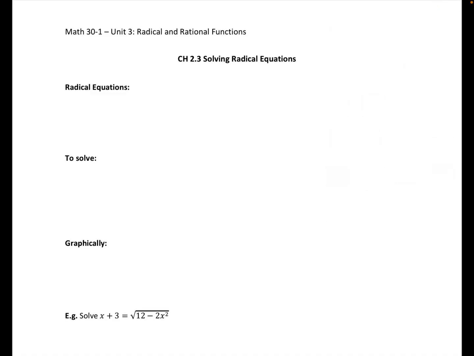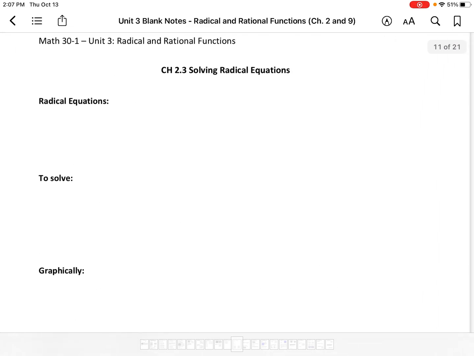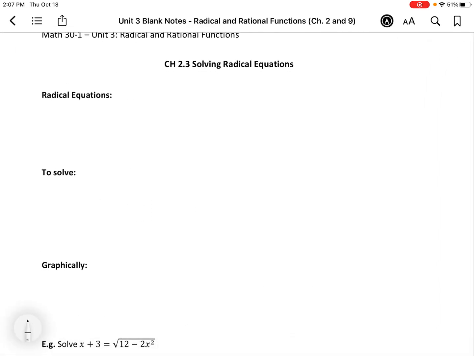All right, so today we're going to be talking about radical equations and how we solve them. So the first thing that I want to talk about is what is a radical equation.